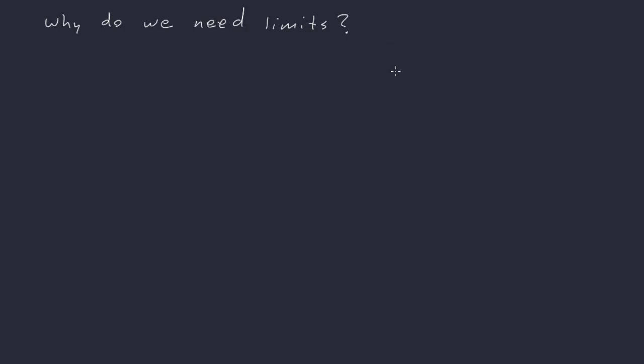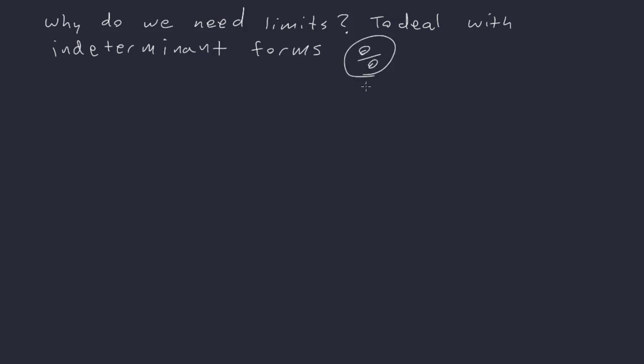Okay, so a fair question is, well, why do we need limits? And it's essentially, as we discussed in the last video, to deal with indeterminate forms. Specifically, the one we're talking about right now is the 0 over 0 case. Because we can use limits in other cases. For example, we can calculate the limit as x goes to 1 of x squared plus 1.